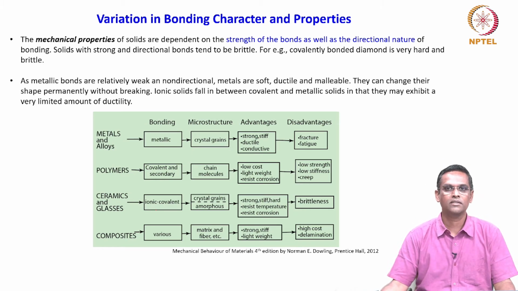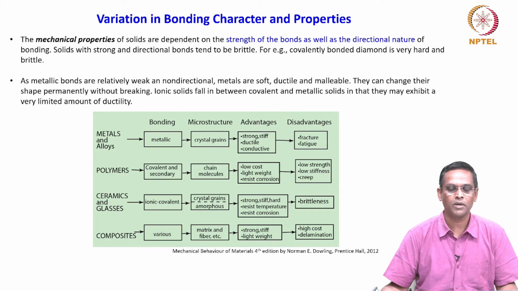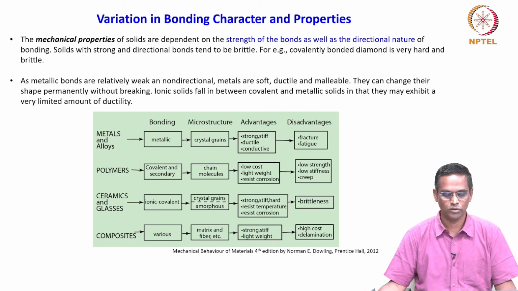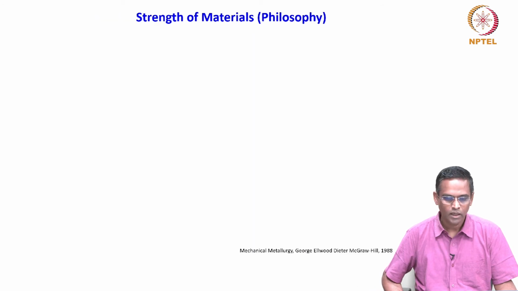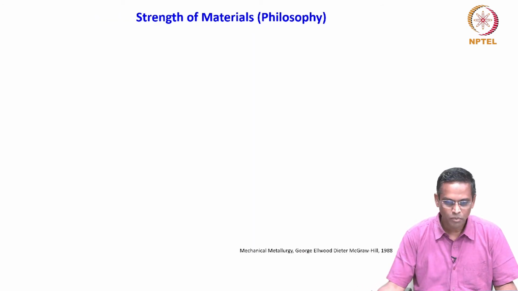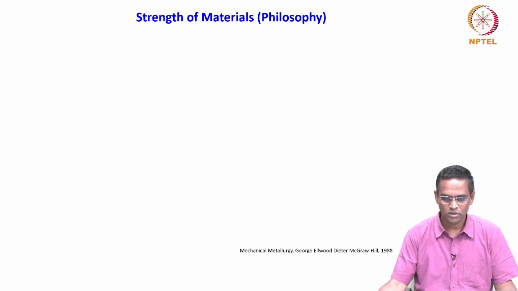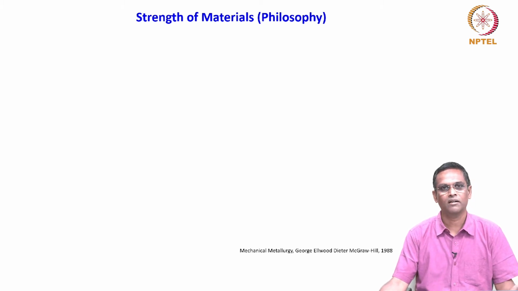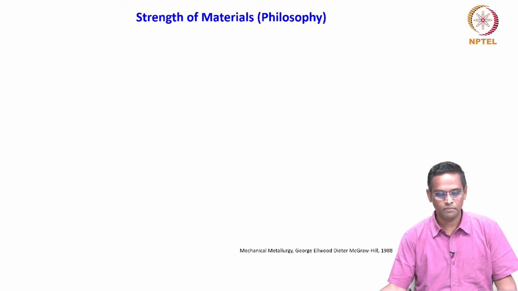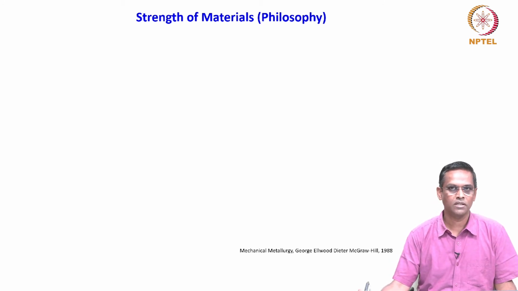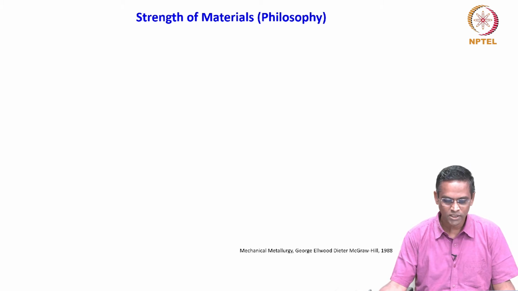So that is the reason we are looking at chemical bonding much more closely. The next important subject I want to review, like chemical bonding, though we all know that, is strength of materials. So we will just review this before we proceed further.